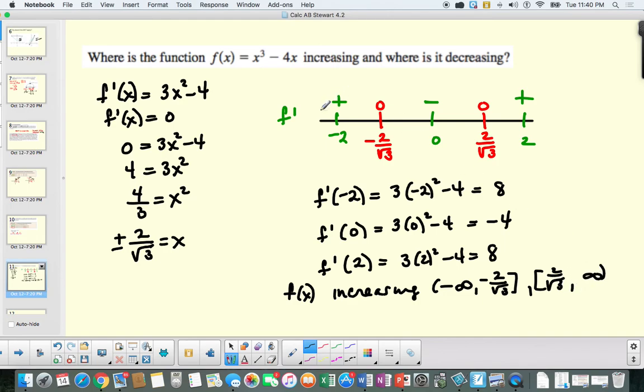So this interval and this interval are increasing. f of x is decreasing when the derivative is negative, and that'll be bracket -2 over root 3 comma 2 over root 3. And this ties into the derivative.